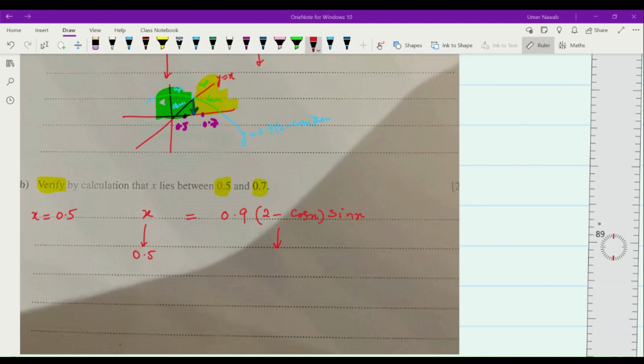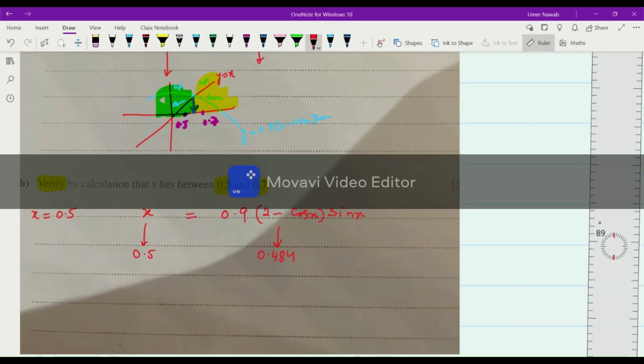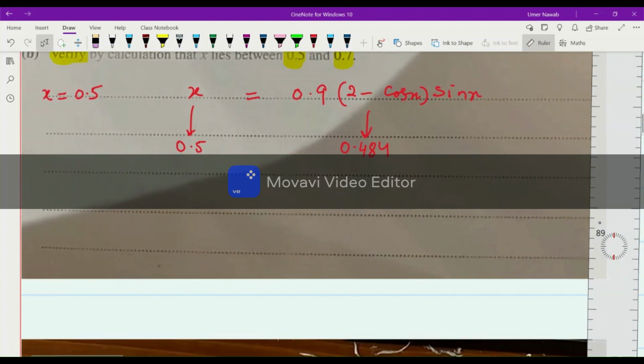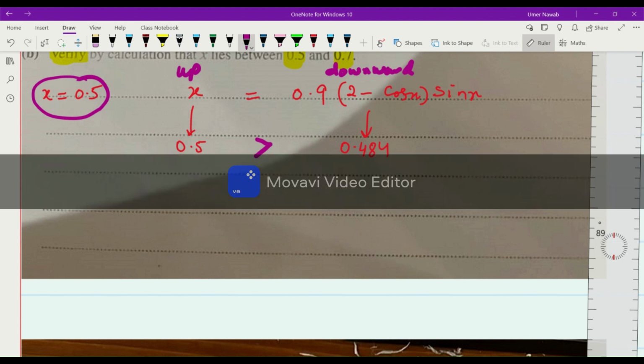I'm getting 0.484. So which one is bigger? Your 0.5 is bigger. So this is an upper curve and this should be a downward curve around x equals 0.5.